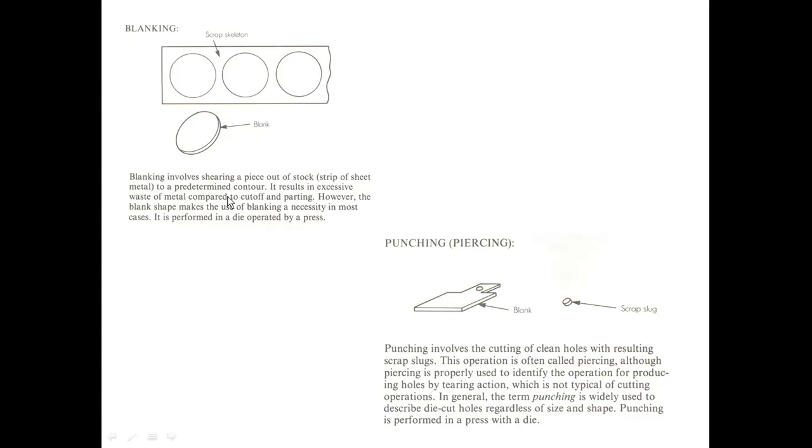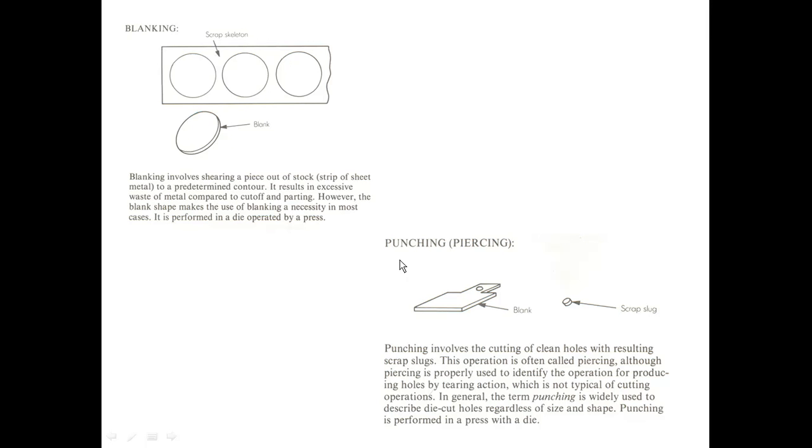So blanking involves shearing a piece out of the stock, from the strip, to a predetermined contour. The part which is cut out from the sheet metal is required, whereas the strip from which the part is cut is nothing but the scrap strip.